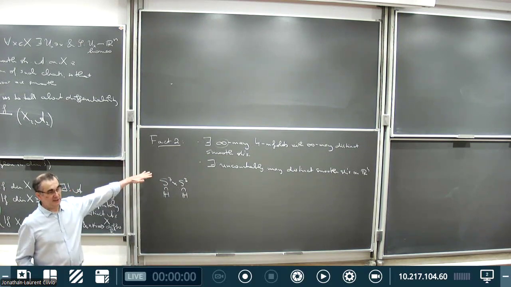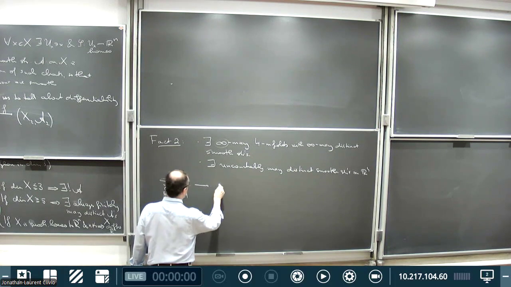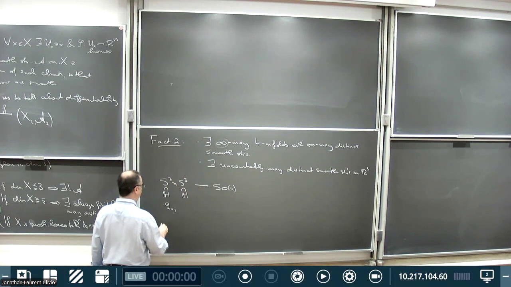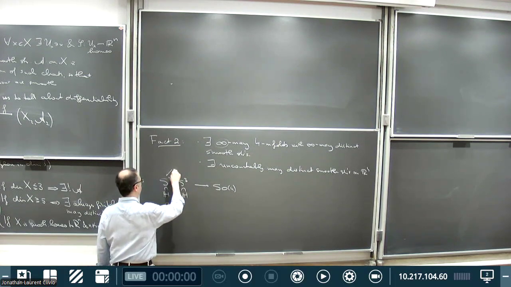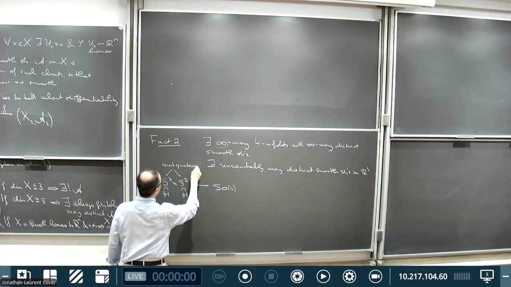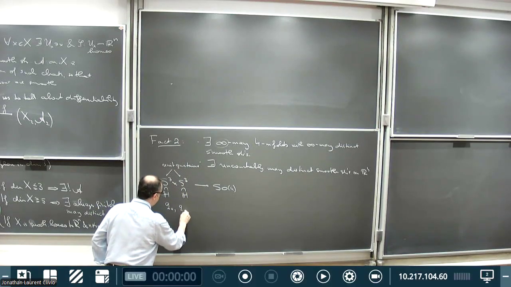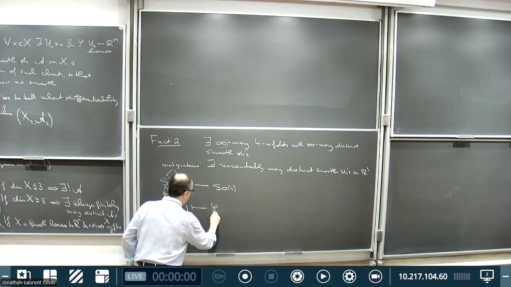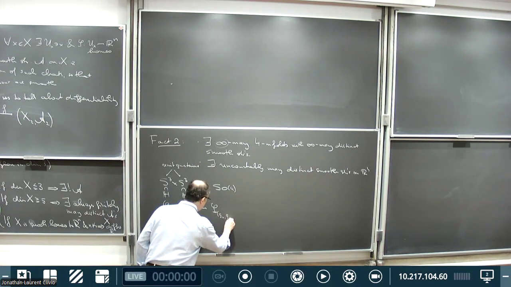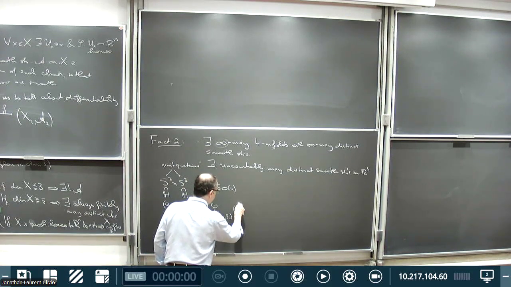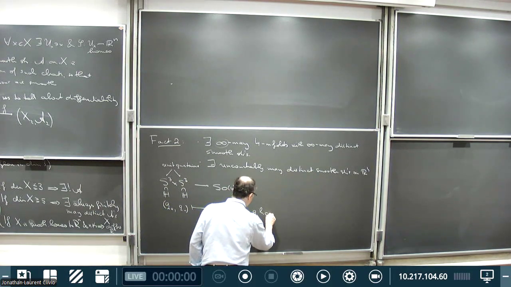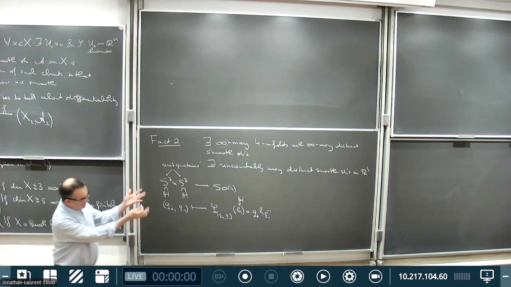We take S3 times S3, and there is a map into SO4 by taking the unit quaternions Q plus and Q minus, and we send them to a function phi of Q plus, Q minus, which acts on a quaternion by conjugating in this sense.